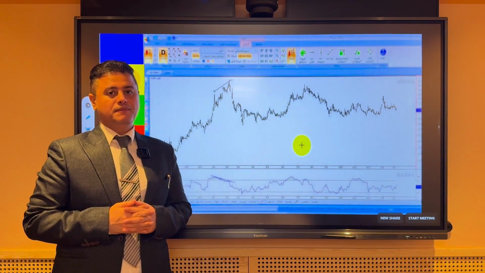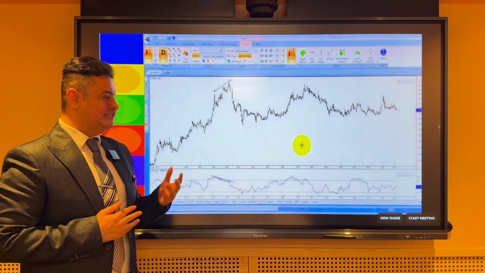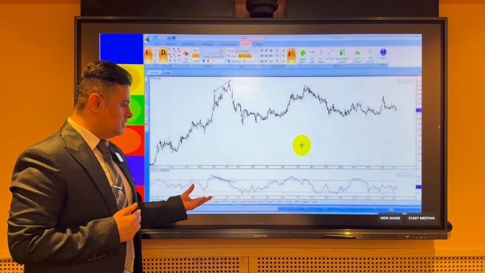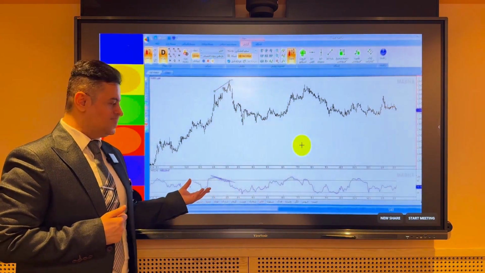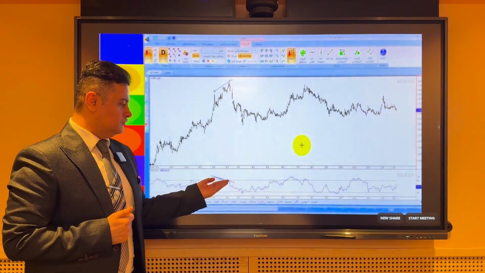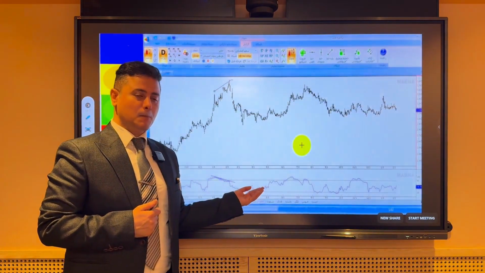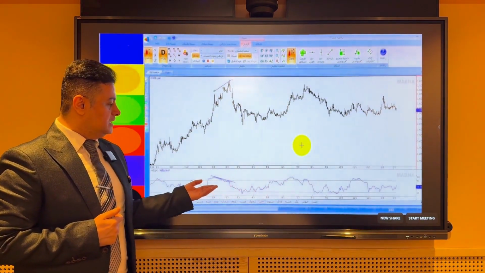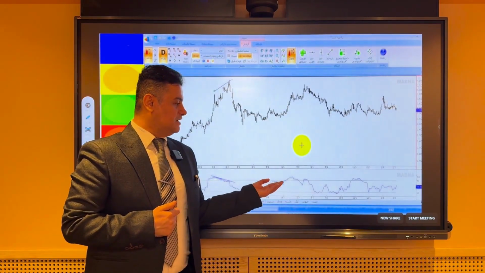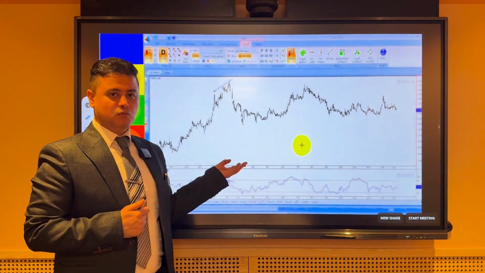However, the MFI is quite similar to the RSI. Here at the bottom, you see the MFI chart, or money flow index, alongside the stock's price chart. This MFI, like the RSI, has areas ranging from 0 to 100.